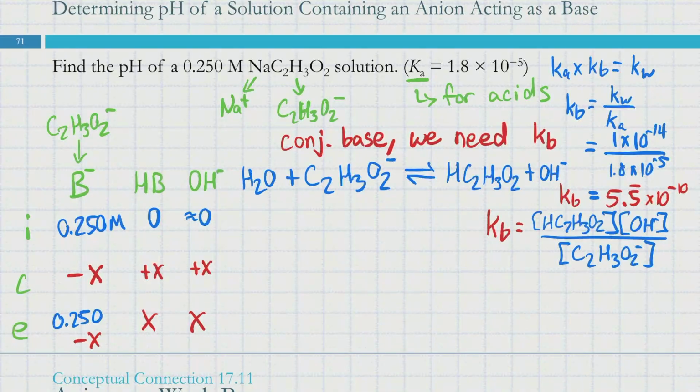And so we make our very familiar K is equal to x squared over our concentration minus x from our ice table. Any questions? We're not done yet, of course, but questions, confusion?